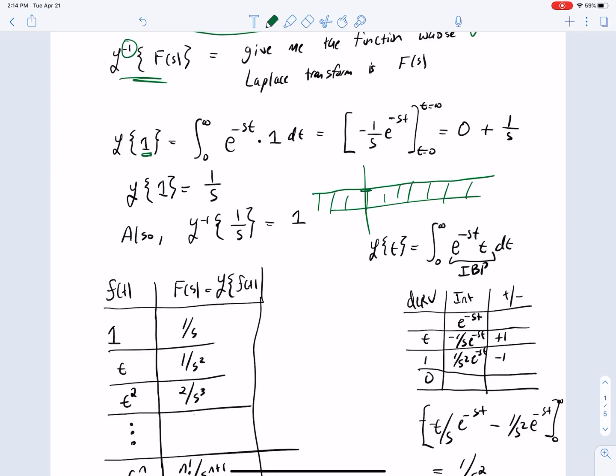All right, so f of t is 1, and all we're going to do is compute that improper integral. I'm going to get minus 1 over s, e to the minus st. If you evaluate that, you're going to take a limit, right? The first term is going to go to 0, plus, this is really minus 1 over s. So we get 1 over s.